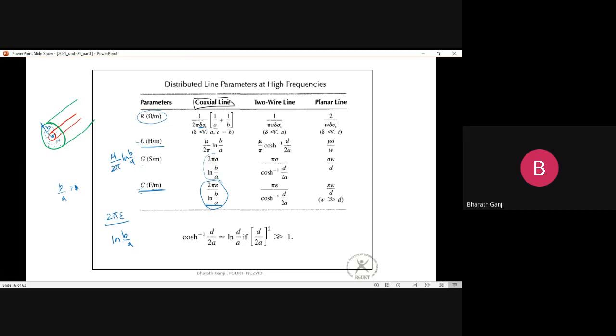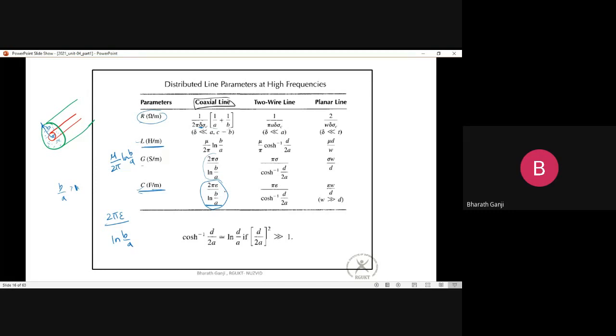So it can be a big number. As it goes bigger and bigger, the distance between the plates is increasing. Because the distance between the plates is increasing, the net capacitive effect is decreasing. So I can say that the capacitance is inversely proportional to this B by A ratio.